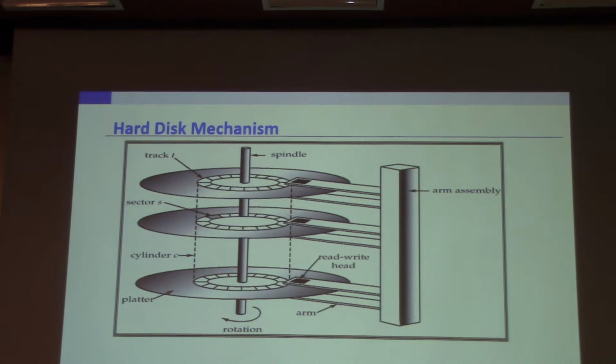Let's talk about the second part, the rotation delay. The rotation delay obviously depends on two factors. One is how fast the disk can rotate. Second, what's the relative position between the first sector of the page you try to read and the head of your arm. Those determine the rotation delay.